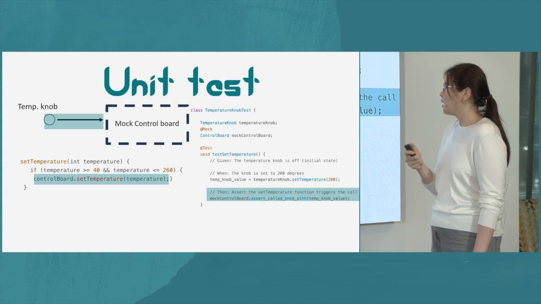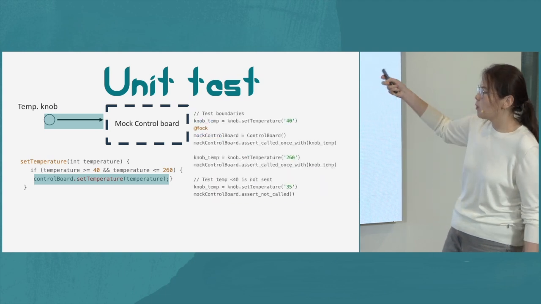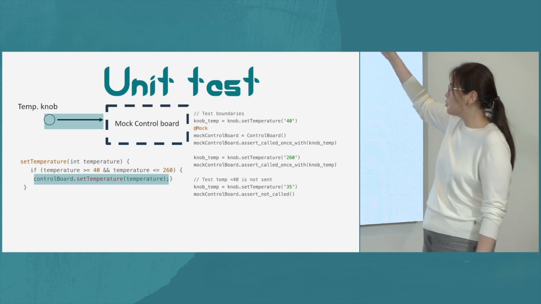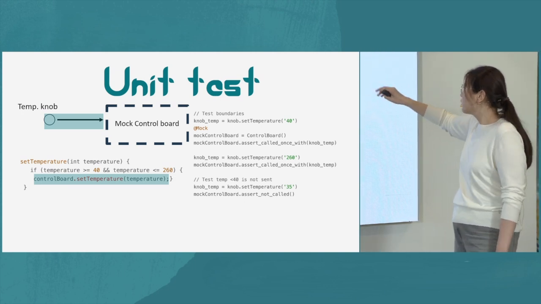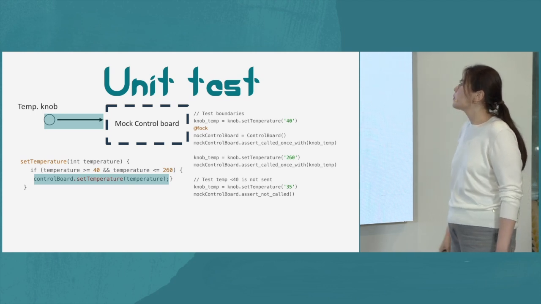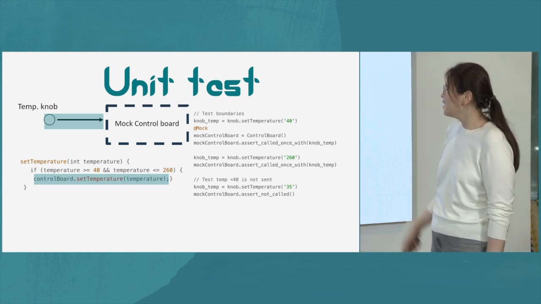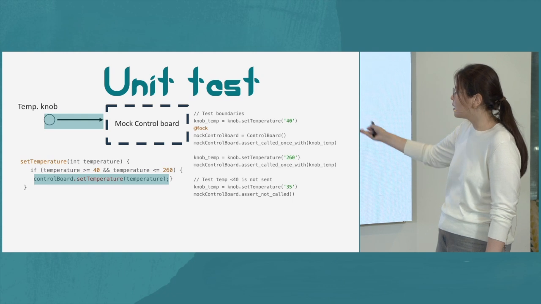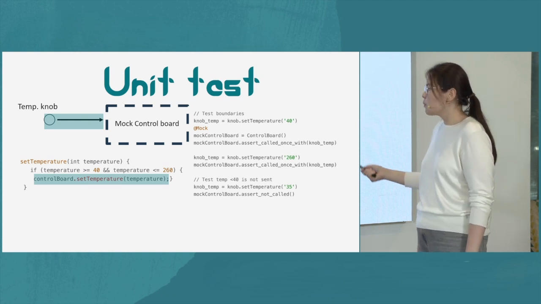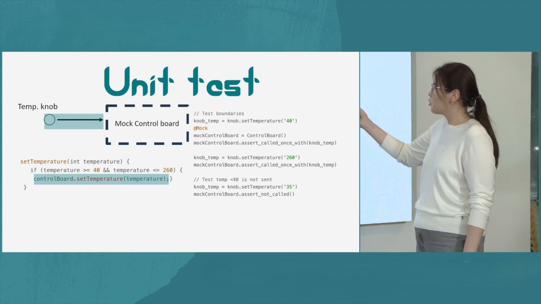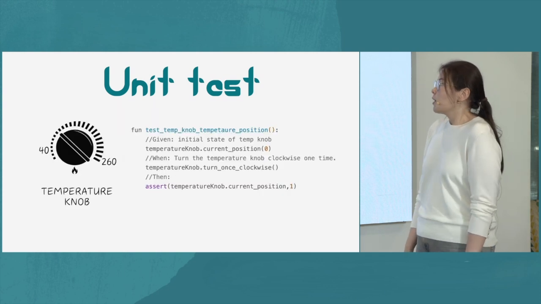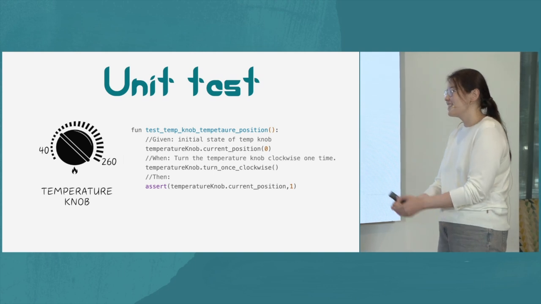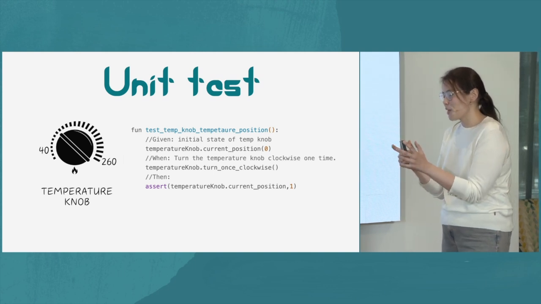And yeah. OK, so after that, what could we test? We could test boundaries: check that it will not send any set temperature call to the control board if the temperature is lower than 40. So for a unit test, we could just test the temperature knob itself in isolation.